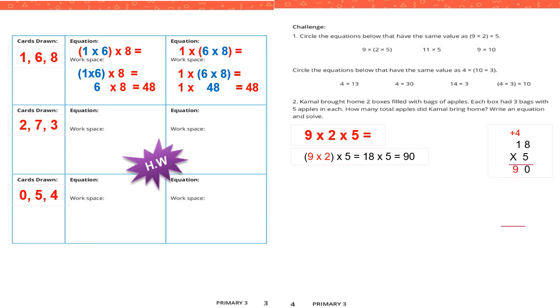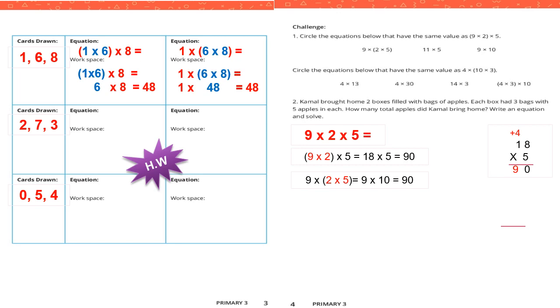Remember here we multiplied 5 times 1 first. Then we added 4. Okay, so don't add 4 first. We multiply 5 times 1 first. Then we added 4.